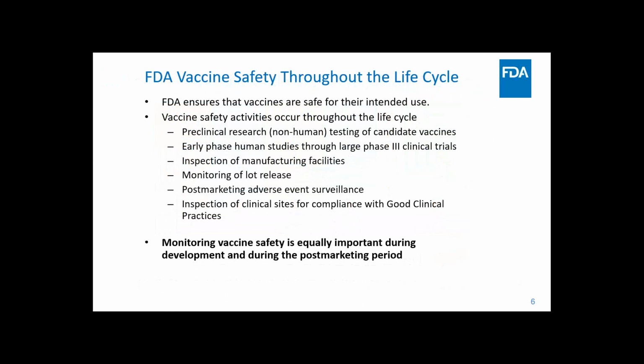And there's inspection of clinical sites to ensure compliance with good clinical practices. I'm going to mainly focus on post-marketing adverse event surveillance, but really that's a sliver of the safety monitoring. And monitoring safety is equally important during development and during the post-marketing period. Next slide, please.